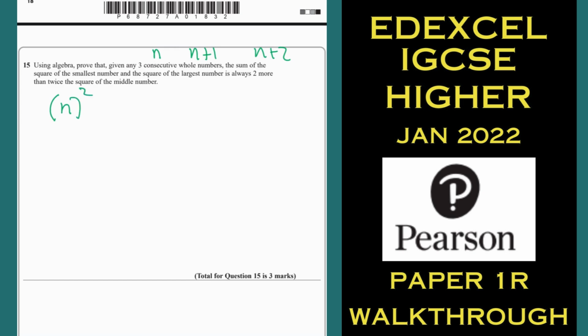There's the smallest, square it. There's the largest, square it. So first one, n squared, and to square this, square the first, square the last, times the two together and double it, and let's simplify.